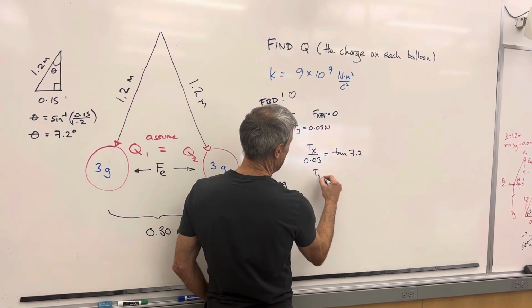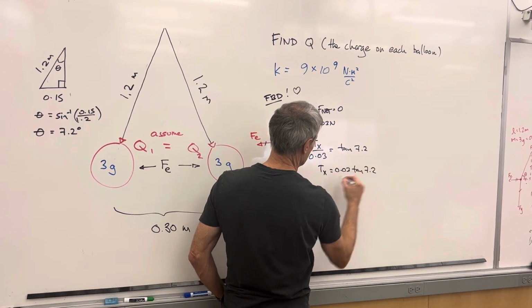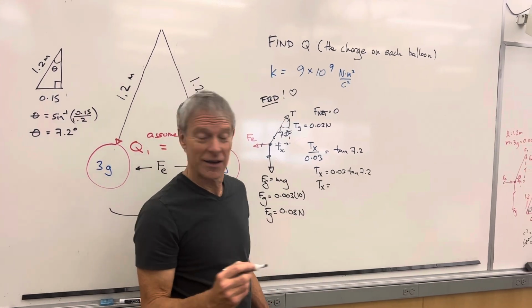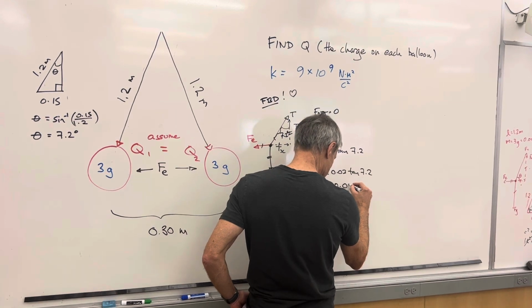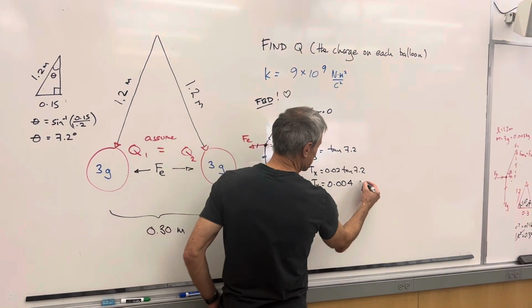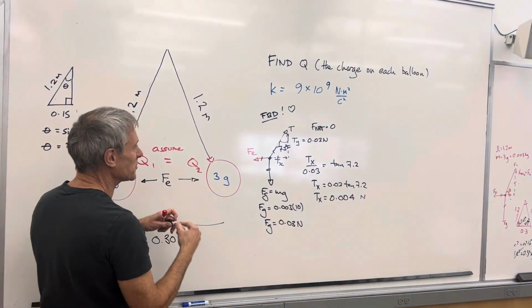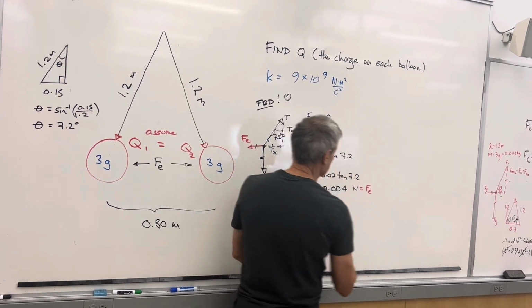Tx is going to be 0.03 tan 7.2, which is 0.004 newtons. That's the force that's going to exist between these two things, so that's equal to our Fe between them.